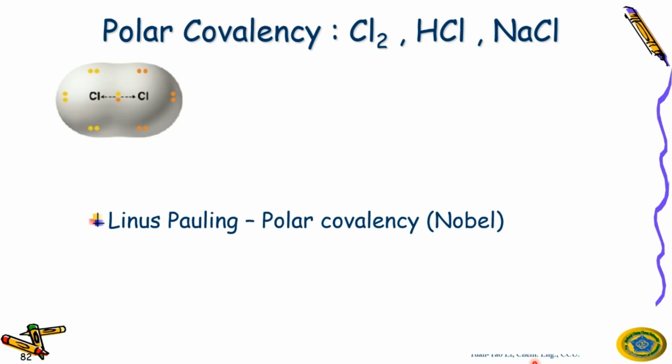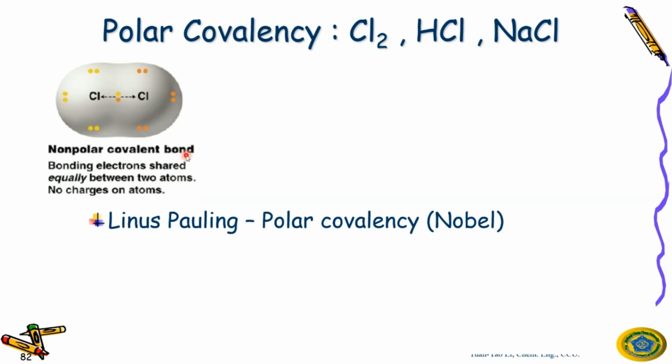Chlorine gas is a pure covalent bond because electrons are 100% shared, since you have two identical chlorine atoms. In this bonding, electrons are shared equally between two atoms, so there is no charge on the atoms. It makes sense. Okay, so this is called a non-polar covalent bond.